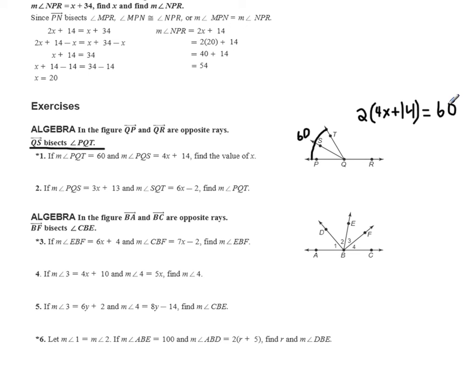There's a couple ways you could do it. You could just say 4x plus 4x, which gives you 8x. You don't have to do it exactly this way. 4x plus 4x is 8x, 14 plus 14 is 28. That represents both of those angles, and that equals 60.